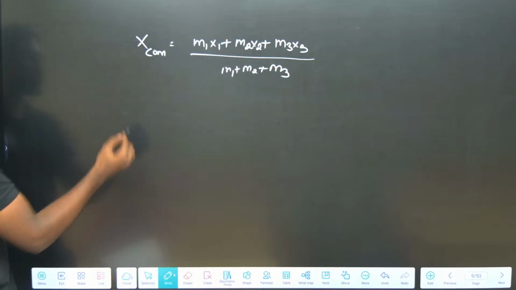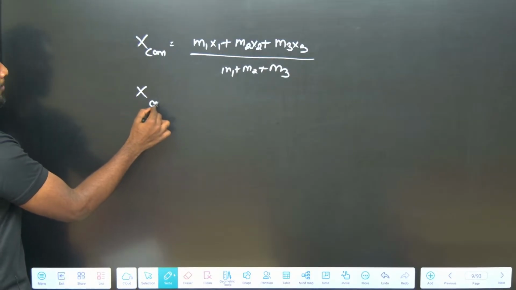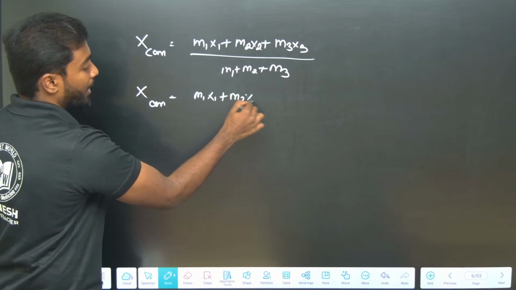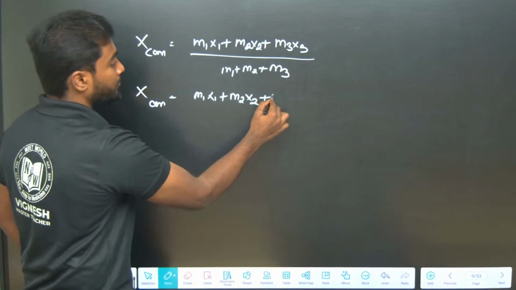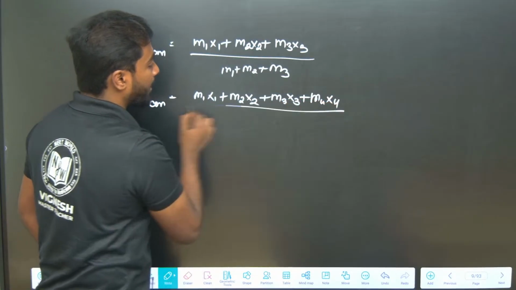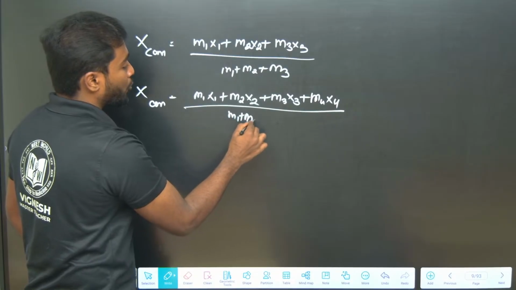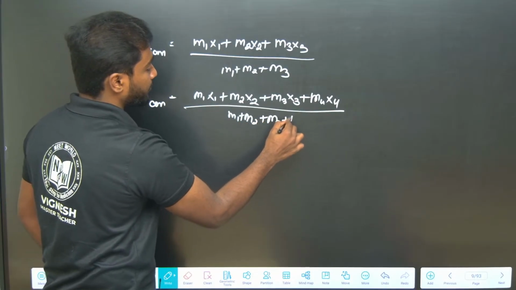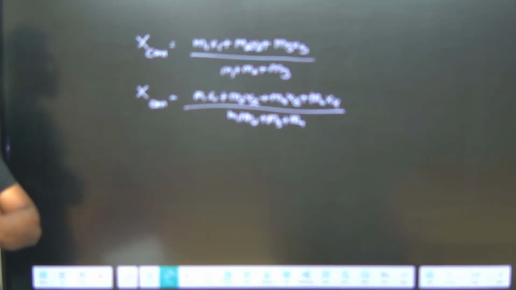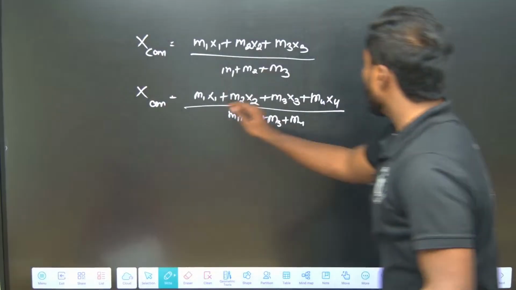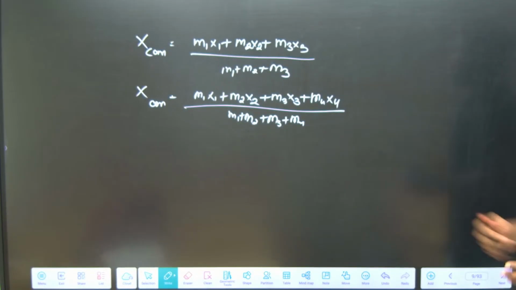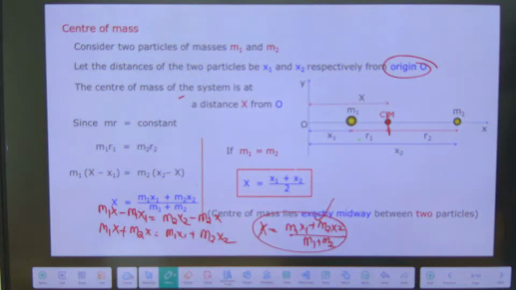For four particles, x center of mass equals m1 x1 plus m2 x2 plus m3 x3 plus m4 x4 by m1 plus m2 plus m3 plus m4. For n particles, up to mn xn by m1 plus m2 up to mn. Take down.